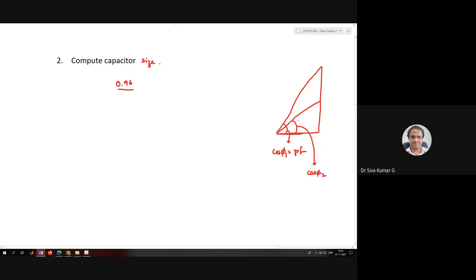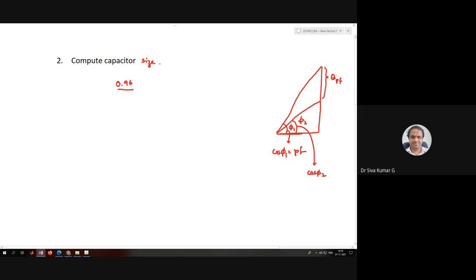Actually, this should be the phi 2 angle, and this should be phi 1. In order to improve the power factor to phi 2, we need to supply this much reactive power by the passive filter.